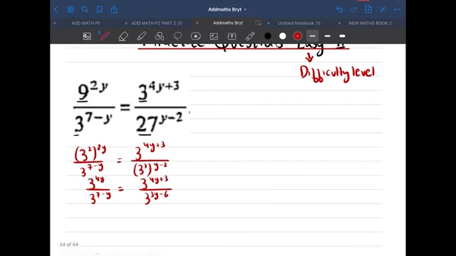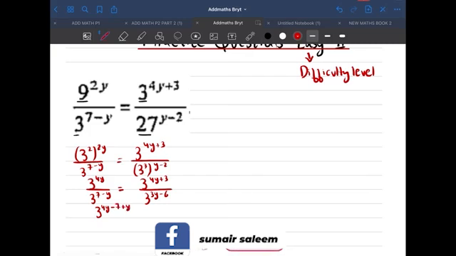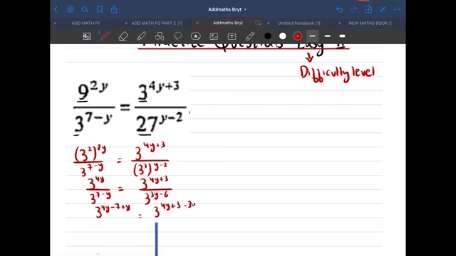If we shift the power in the numerator, it's going to become opposite sign. Plus 7 will become minus 7, minus y will become plus y. If we shift this also, plus 3 minus 3y plus 6. 3 and 3 cancel out because the base is the same on both sides of equal to. 4y plus y makes 5y minus 7 is equal to 4y minus 3y makes what?